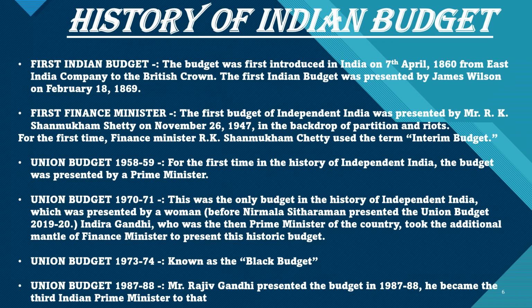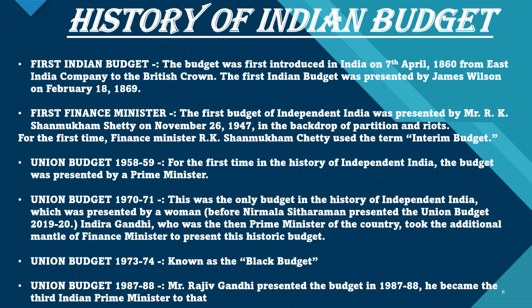So now in this slide, with respect to the history of the Indian budget, I have shown the various budgets from independence to the current time, and the important steps or measures taken by the government in order to improve the budget, or the characteristics of that particular budget, are mentioned.